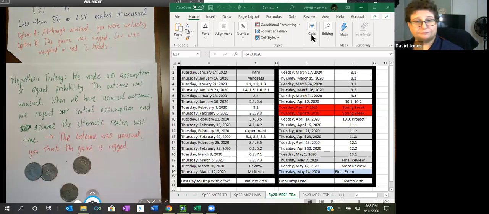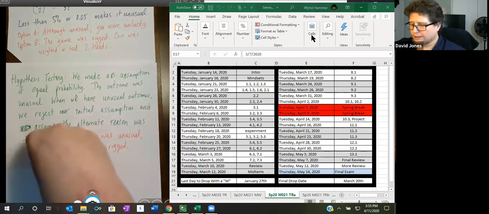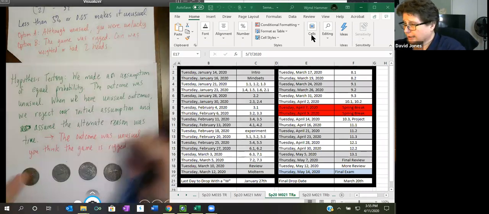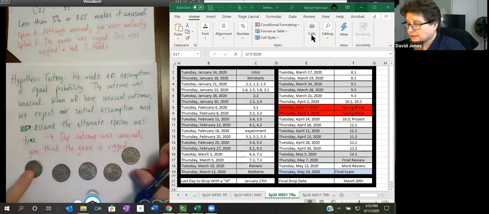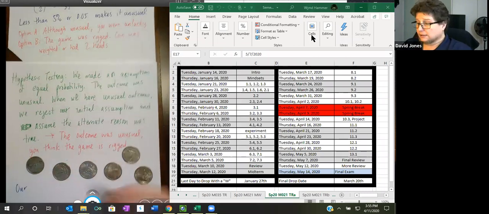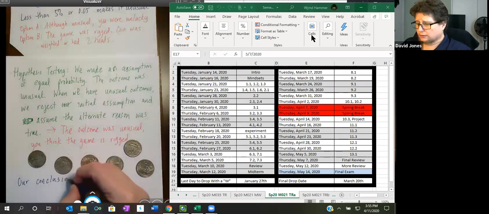It was not. So what would this tell us? We'll get to this later on. I just showed the coins were all tails. I'm gonna put them back up. No, I showed every coin had tails. Our conclusion that the game was rigged was wrong.